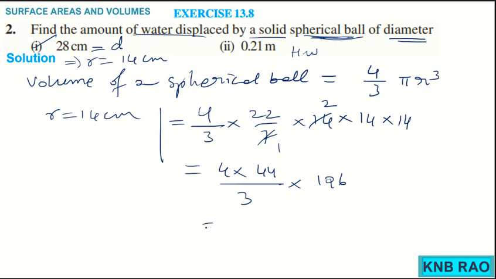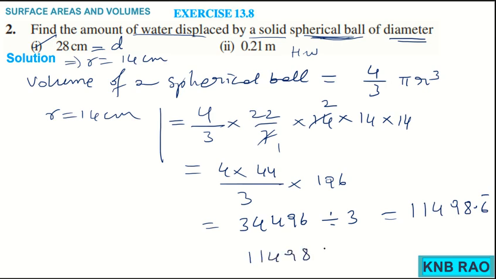So, again we will go for multiplication only. So, 196 when it is multiplied by 44 multiplied by 4 gives you 34,496 divided by 3, which gives you 11,498.6 bar, or you can say 11,498 2 by 3.